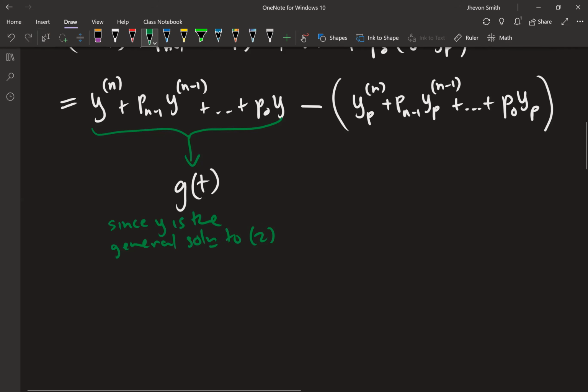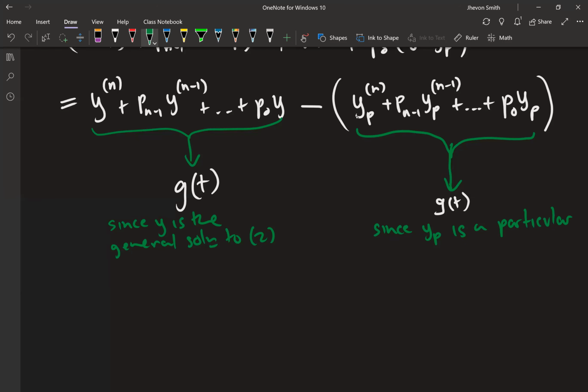Also, this guy here is also going to be g, since yp is a particular solution. So it's one specific solution that I could get my hands on.